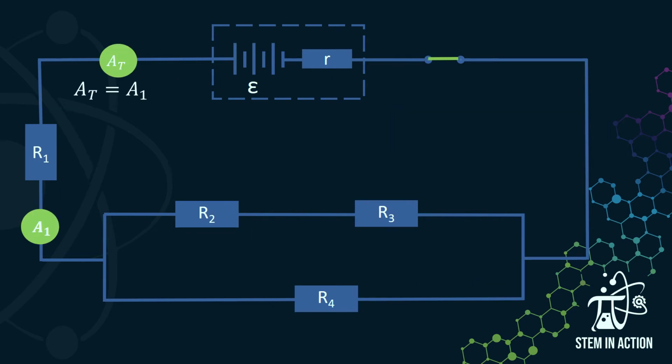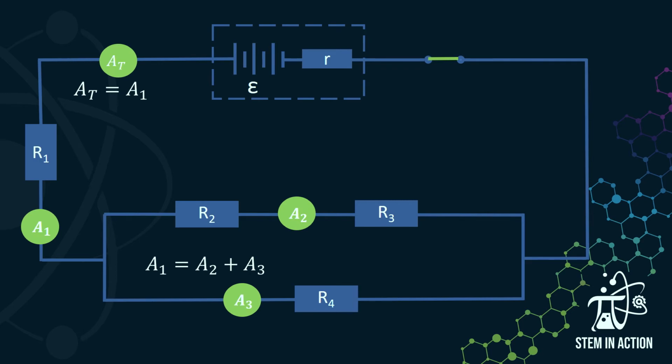Right, let's have a look at our current readings. If we have a look at our ammeter, A total up at the top, that is reading all the current that goes through the battery, but it's going to be equal to A1 because A1 is in series with the battery, and so all the current must also flow through resistor 1. However, when we get to the parallel combination, we know that the current must split.